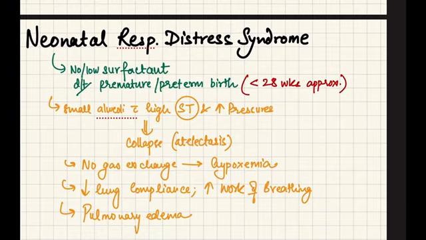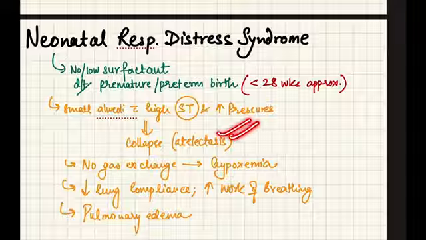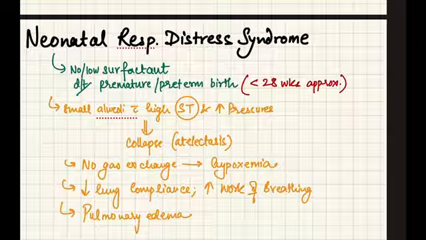Another thing we can talk about is neonatal respiratory distress syndrome, which is characterized by either no or low amounts of surfactant. This is seen in premature preterm births, usually less than 28 weeks. What happens here is that the small alveoli, with their high surface tension and increased pressures, collapse because of the absence of surfactant, and this is known as atelectasis.